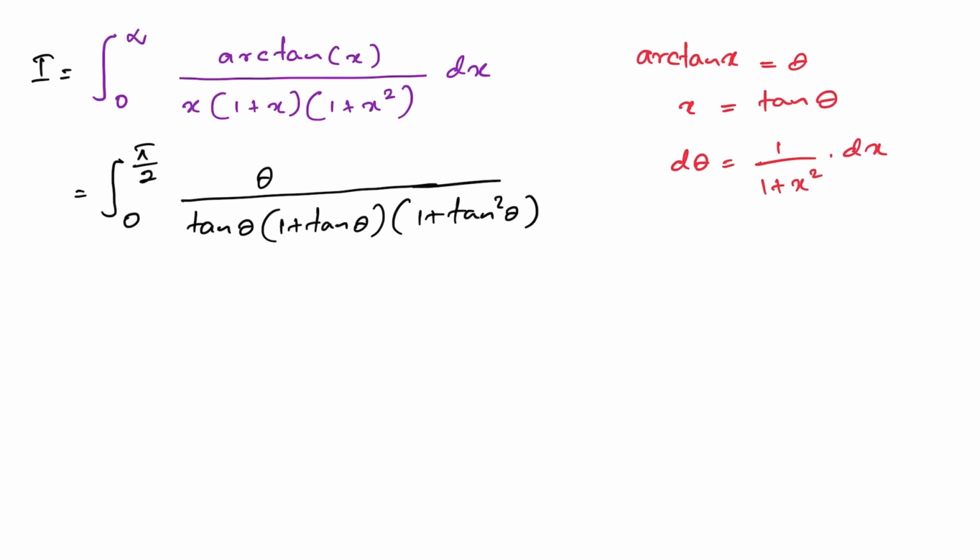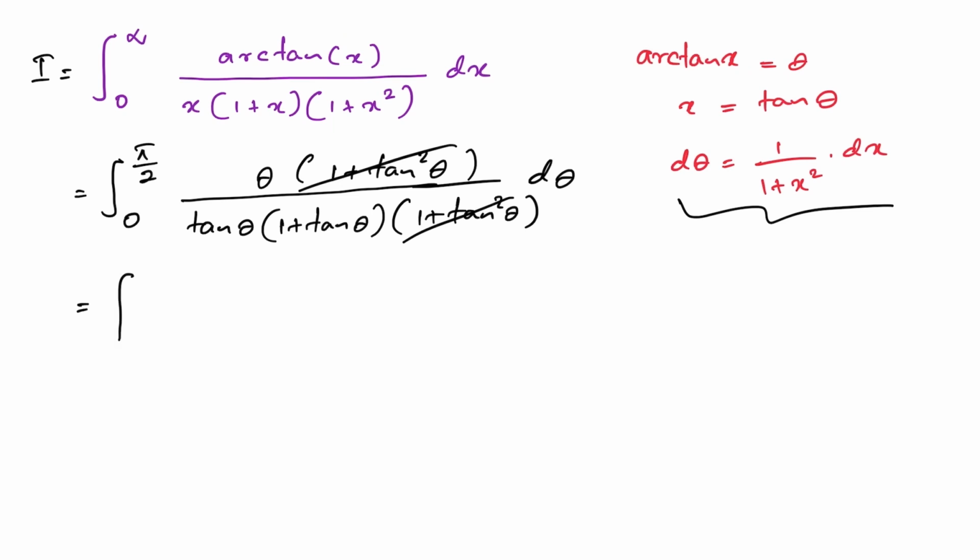Here dx, we know dx is equal to 1 plus x squared times d theta. So we have 1 plus tan squared of theta d theta. Now 1 plus tan squared of theta gets cancelled.